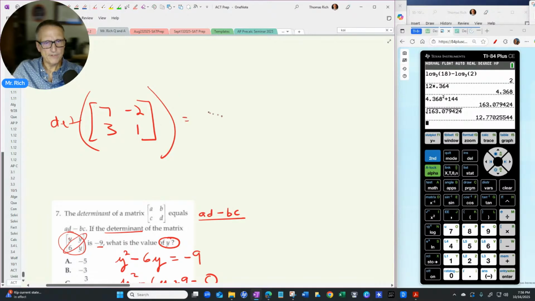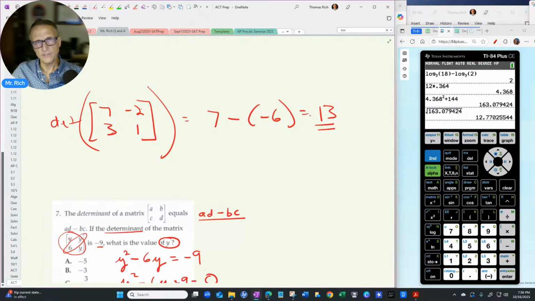It would be 7 times 1 minus 3 times -2. The determinant is the number 13. There are determinants for other matrices, like a 3 by 3 or 4 by 4, but those aren't on the test. And it's a good thing because it's much more difficult than a 2 by 2. So that's how you do a 2 by 2 matrix.